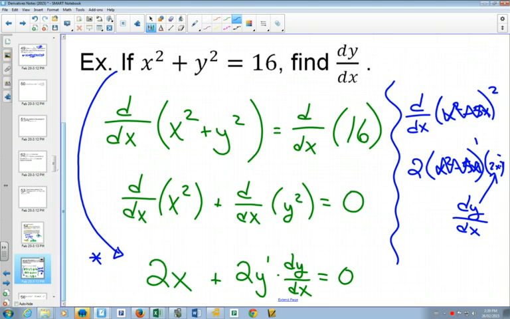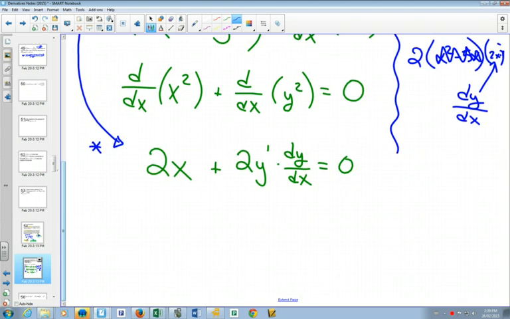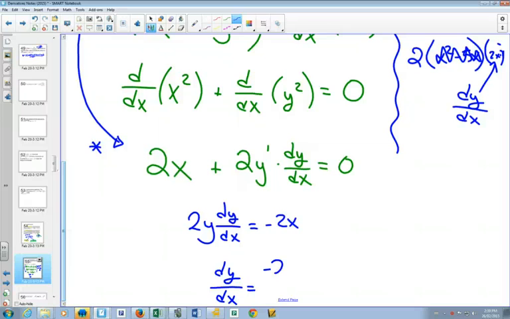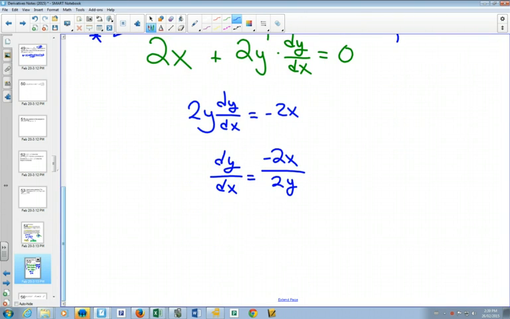So solving for this, if I wanted to get dy dx by itself, I could just subtract 2x on both sides, and then divide both sides by 2y.